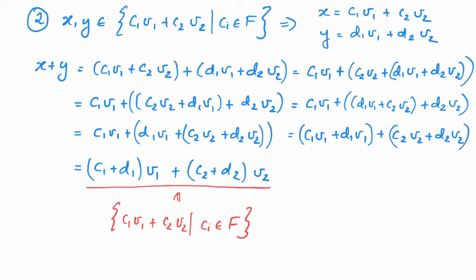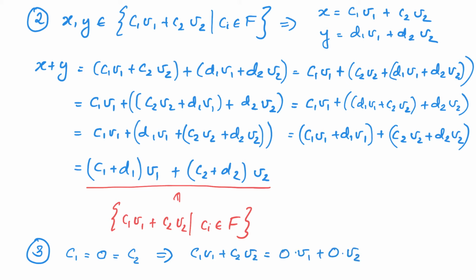Now there is one thing left to prove, namely that this set has the additive identity. That is easy to see. How do we see this? We take C1 is equal to 0, the additive identity of the field F, and that is equal to C2. If you take this, then C1 V1 plus C2 V2 is equal to 0 into V1 plus 0 into V2.